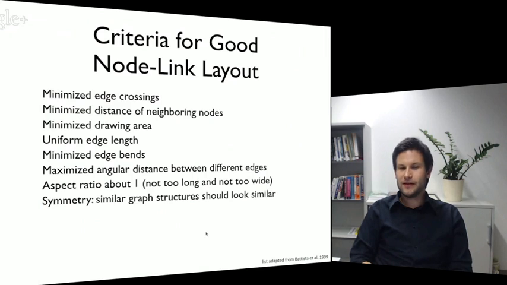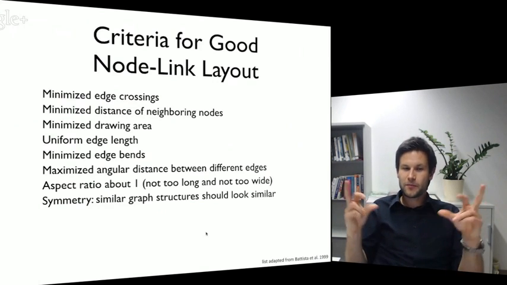But finding a good layout for a node link diagram is a really hard problem because you have competing goals that contradict each other. Like you want to minimize edge crossings. Of course, if you have lots of crossing edges, people will not be able to see which node is connected to which other node.